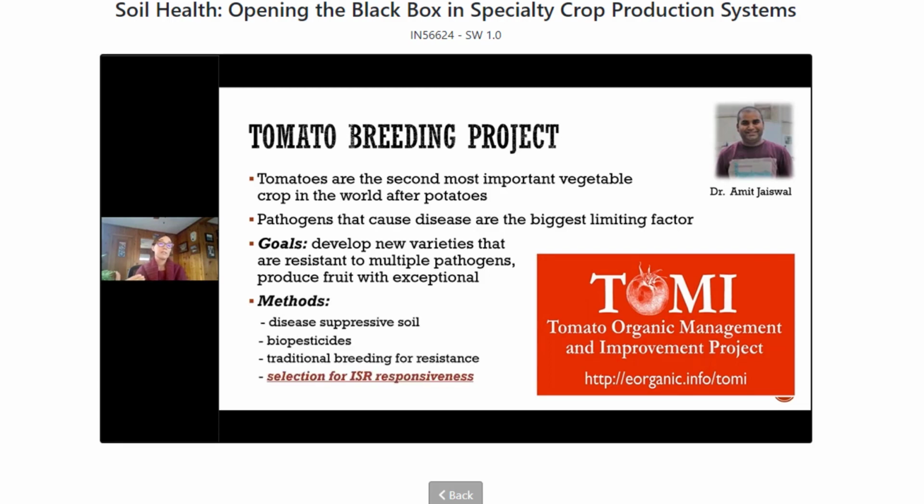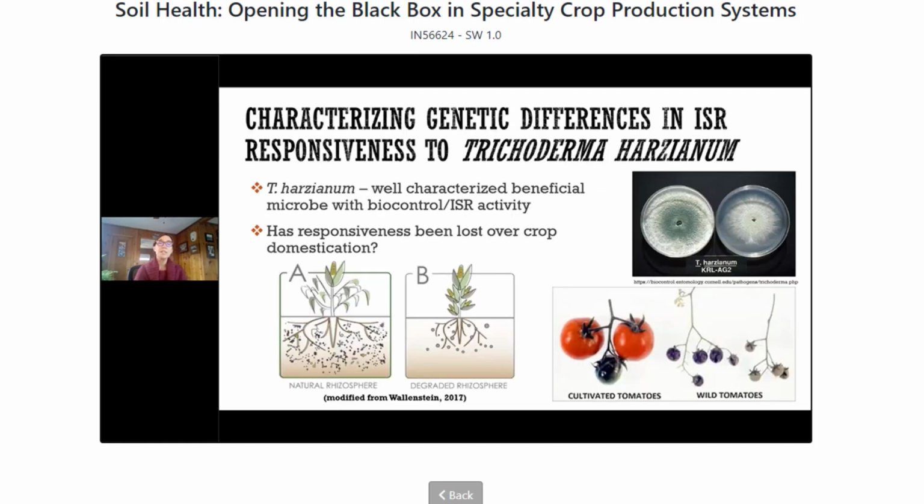And so we're looking for things like disease-suppressive soil, biopesticides, which I'll talk about, with traditional breeding, as well as selection for ISR responsiveness. Again, can we find varieties that are better able to host and respond to these beneficial microbes? So for this, we narrowed it down to one individual microbe, and this is Trichoderma harzianum.